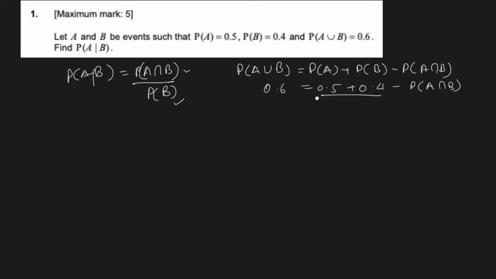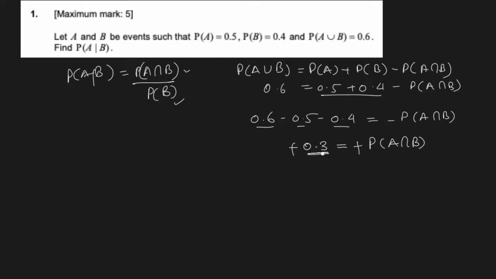So let's bring this to the other side. 0.6 minus 0.5 minus 0.4 is equal to minus probability of A intersection B, and this will be how much? 0.1 minus 0.4 will be minus 0.3, minus A intersection B. Both are negative, make them positive.